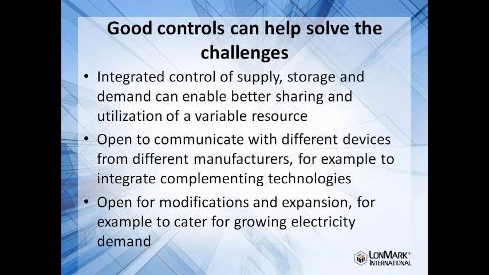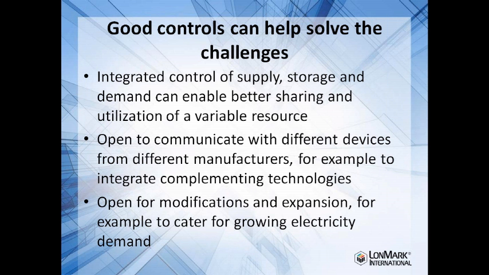So to overcome these challenges and solve the problems, good controls is usually what you need. And my main point here is that if you have an integrated control of supply, storage, and demand, this can enable better sharing and utilization of a variable resource.